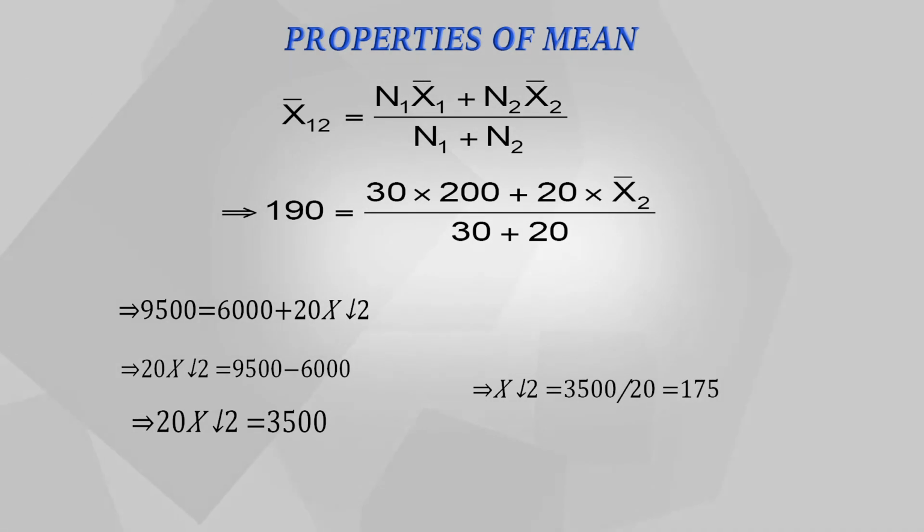After the algebraic manipulation, we get the x2 bar value as 175. So, we have found that the mean wage of the workers in the evening shift is 175 rupees.